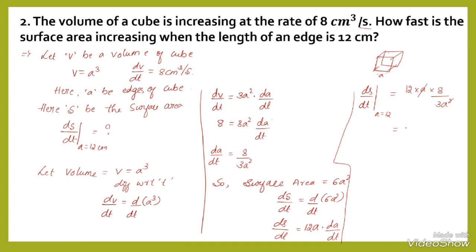We have 12 into 8 divided by 3 into, substituting the value a equals 1, 8 divided by 3 into 1. 12 gets cancelled. That is 8 by 3, surface area, centimeter square per second. This is the result of the given problem.